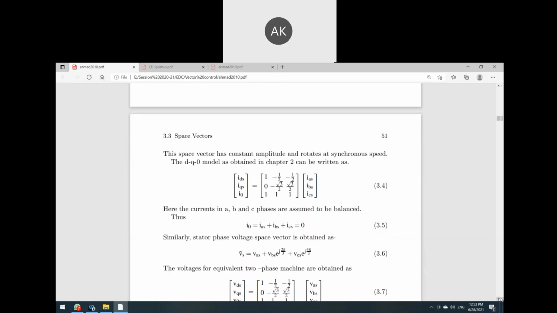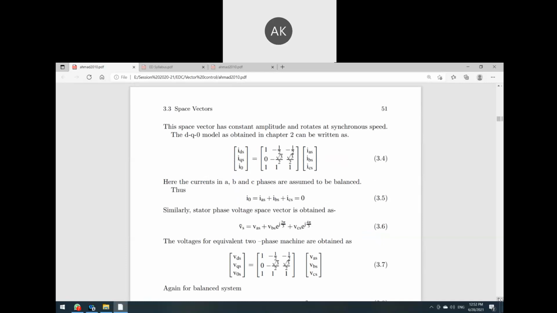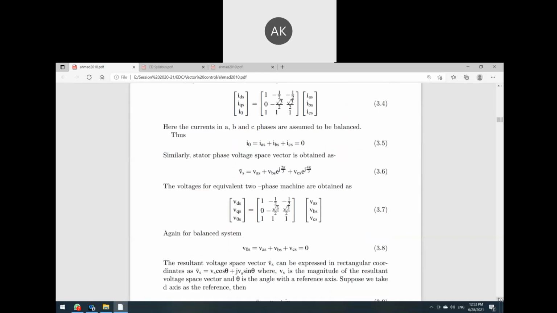Similarly, we can get the voltage in the DQ reference frame, quadrature axis and direct axis, if we know the values of Vas, Vbs and Vcs, or we have knowledge about the phase components.